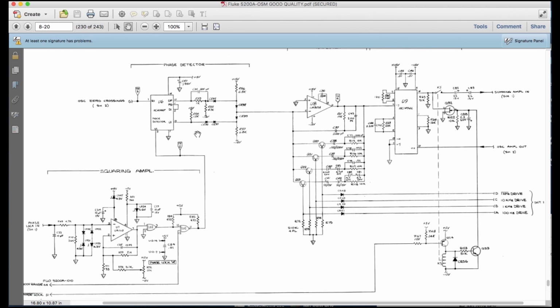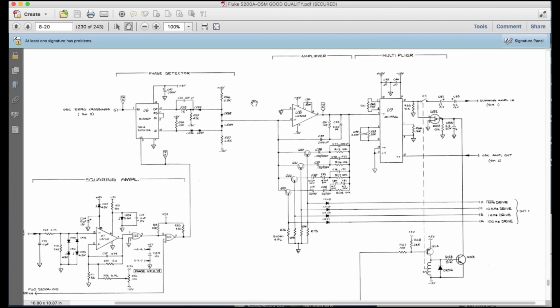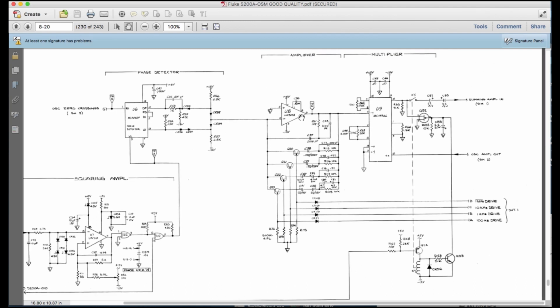So this is phase detector, goes through, positive negative supplies on here, goes to an amplifier stage. Now again, this has got compensation and tuning built into it for the various frequency ranges here.